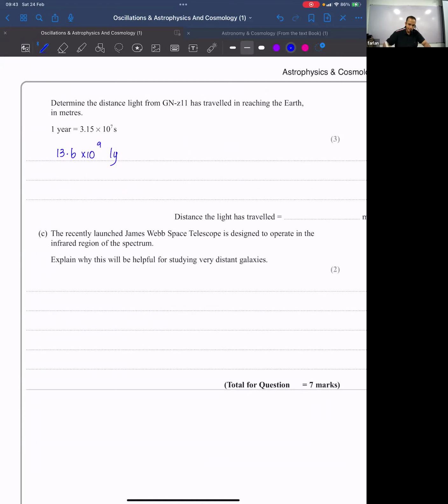Okay, which is 13.6 × 10⁹ times 1 light year. The speed of light is 3 × 10⁸ times 3.15 × 10⁷.